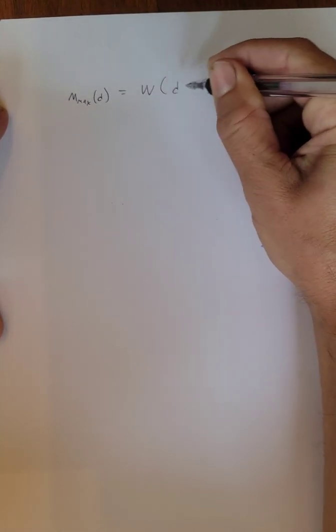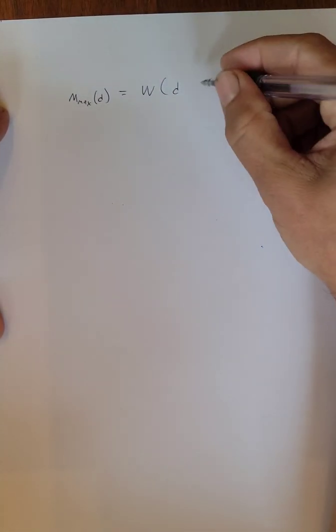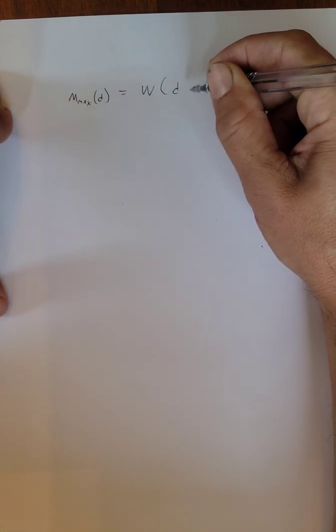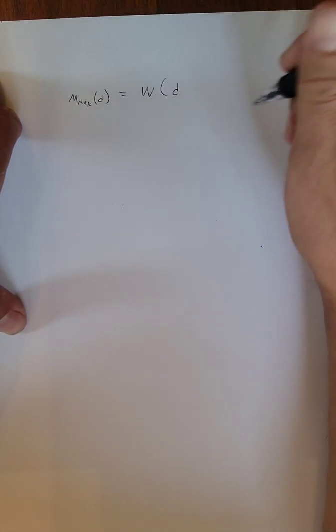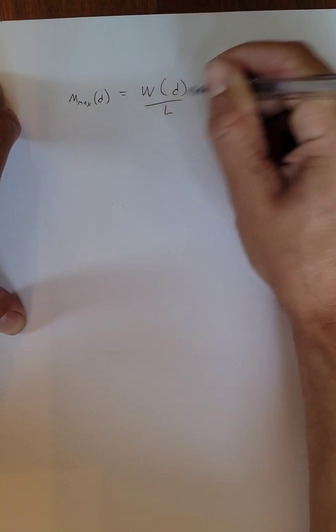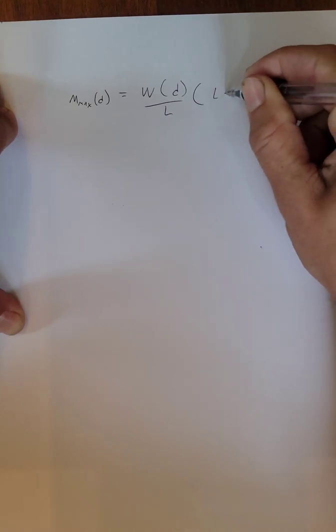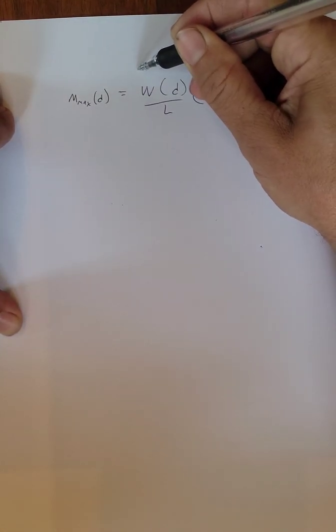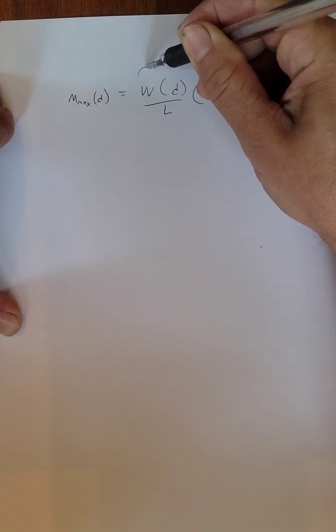We can take that and rewrite it as the weight times d divided by L, multiplied by L minus d. Again, this comes from the magnitude of our reaction load, right?